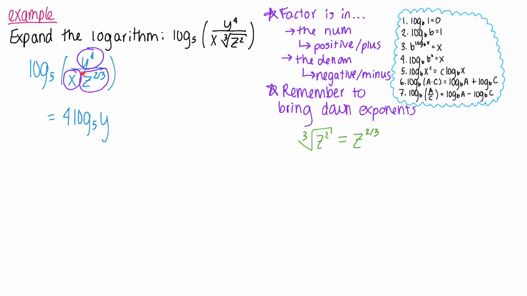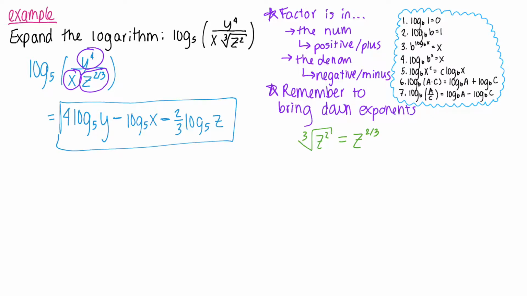He doesn't have an exponent to bring down, so I don't have to worry about that, but I'll do a minus sign because he's in the denominator. Log base 5 of x. For z to the 2/3, he's in the denominator, so it'll be a minus. And then we'll bring down his exponent, so 2/3, and then just log base 5 of z. And that's our final answer.